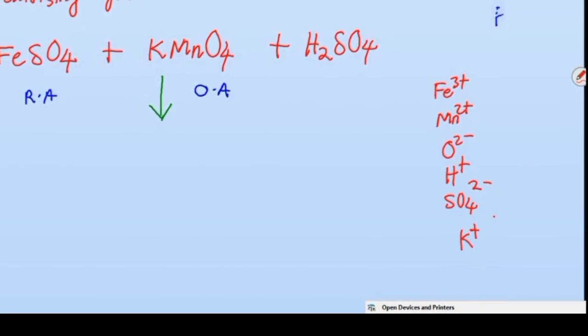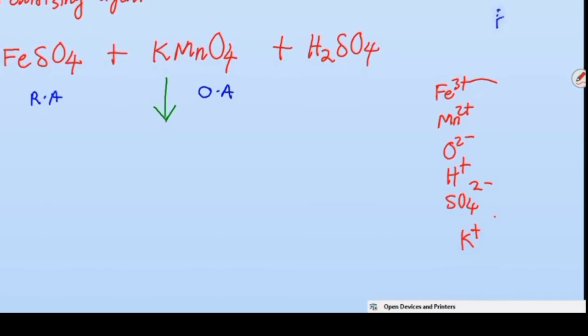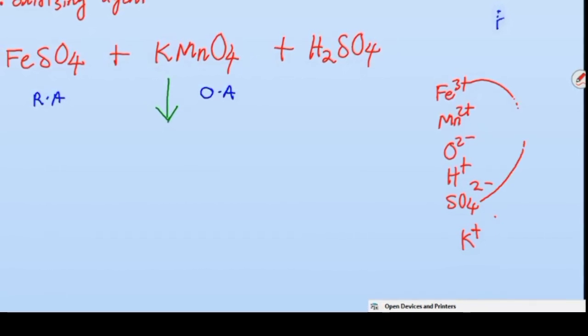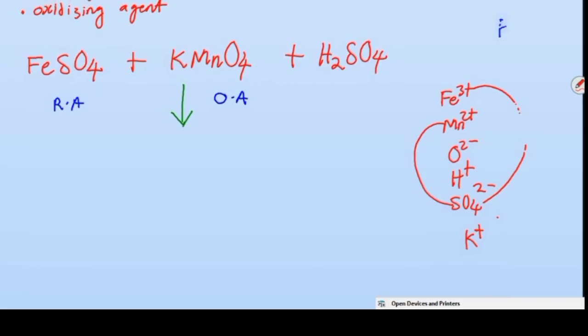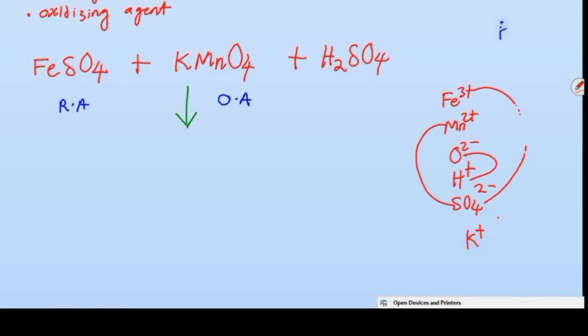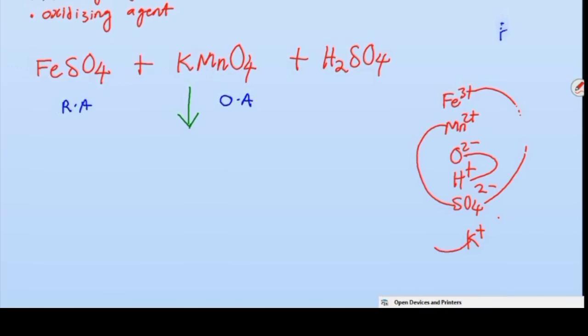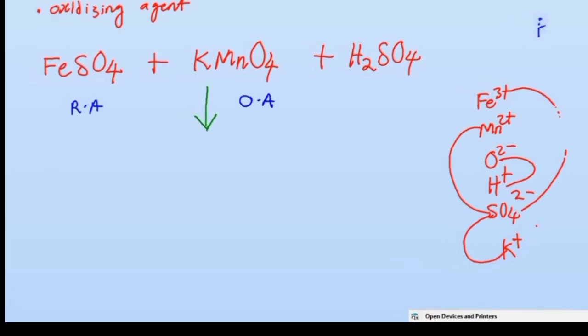So just do your cross multiplication between positive and negative ions. Iron 3 sulfate will be formed, manganese tetraoxosulfate 6 is going to be formed, then H and OH to form water, and then the last is this positive and this negative as well to give us that.